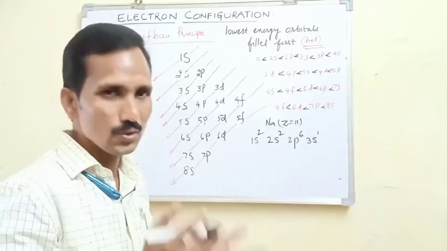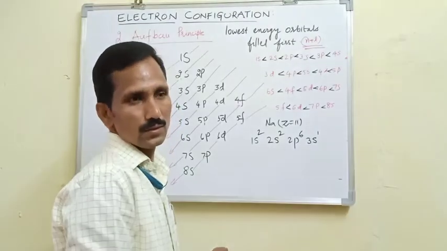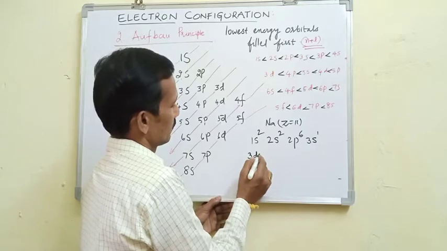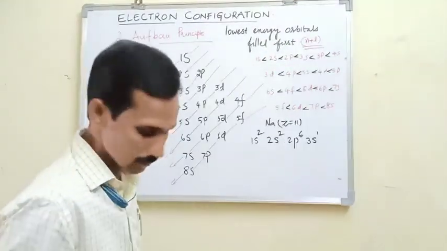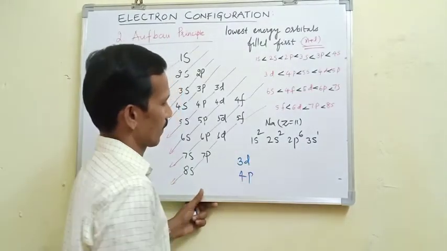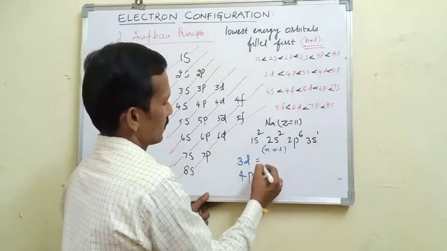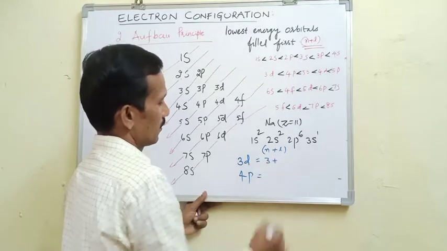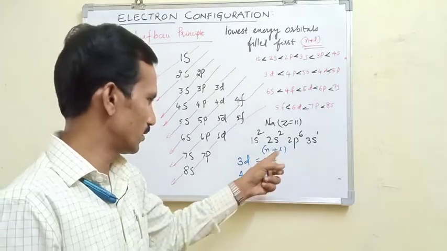If the n plus l value is the same for two orbitals, suppose 3d and 4p are there. For 3d, n indicates the main shell, 3, plus the l value, the angular momentum quantum number, which tells the subshell. The subshell is d.